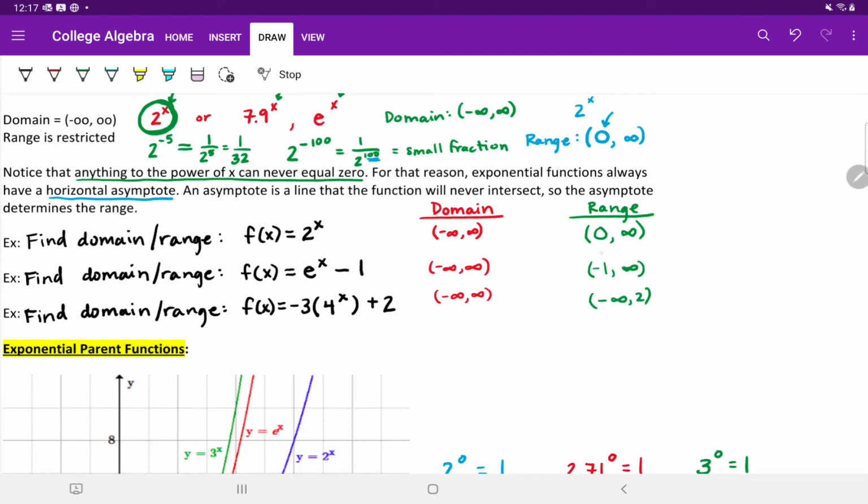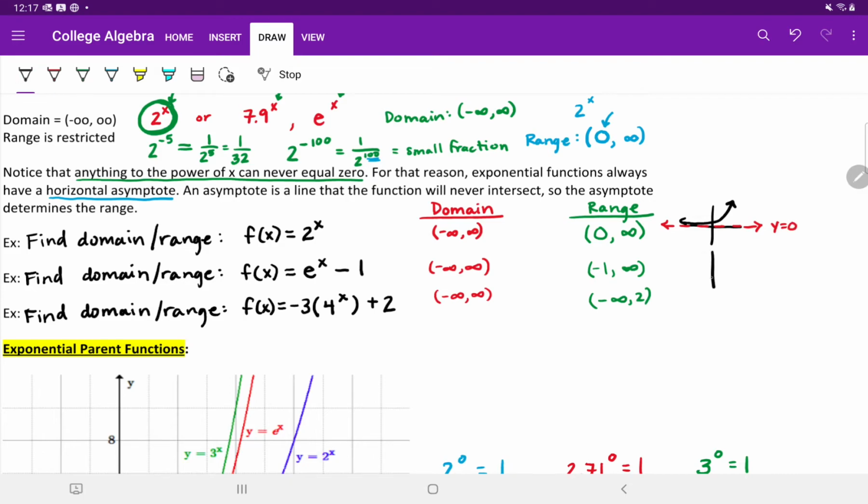If we go back to our domain and range examples we did a few minutes ago, basically what each of these is telling us, so for the first one, our function is getting really, really close to 0, but it's never actually going to touch 0. So we're going to have a horizontal asymptote at y equals 0.